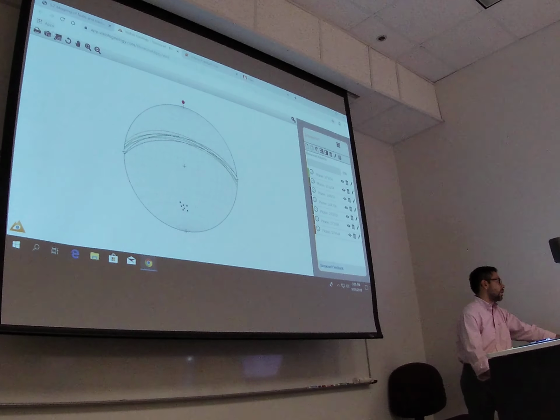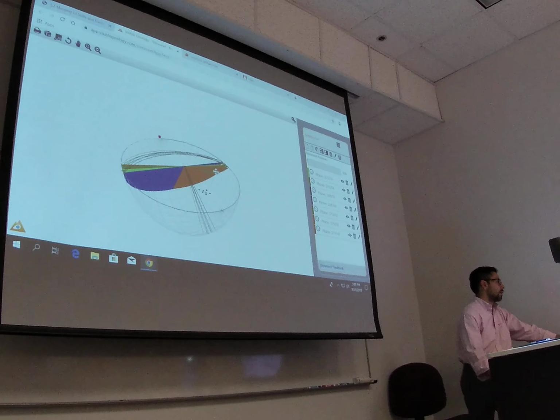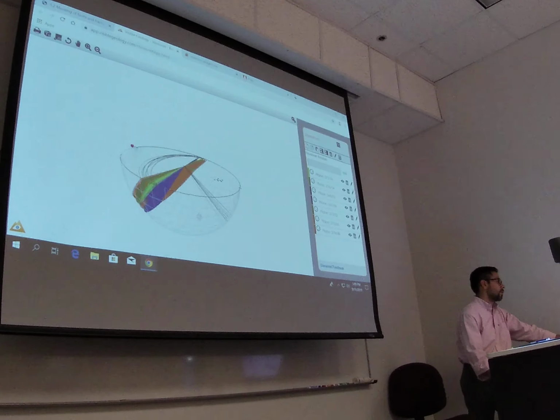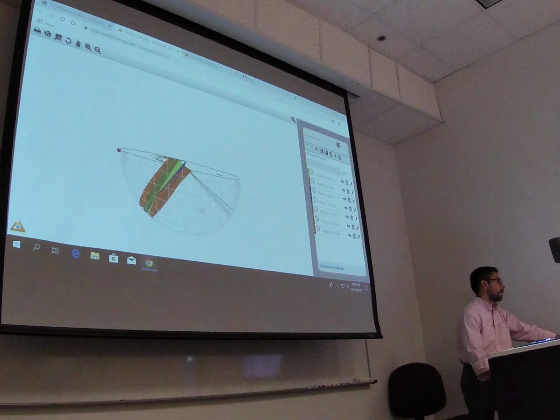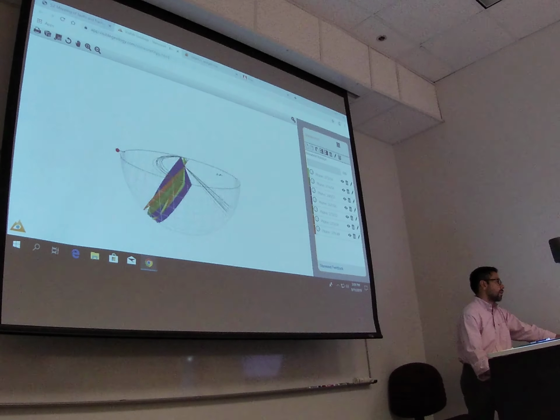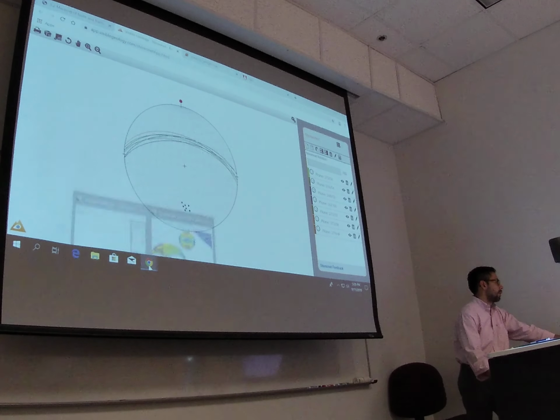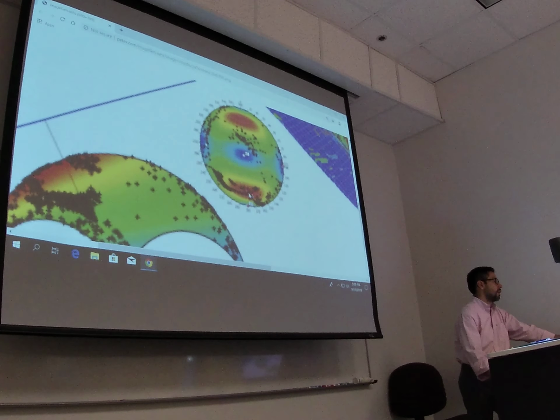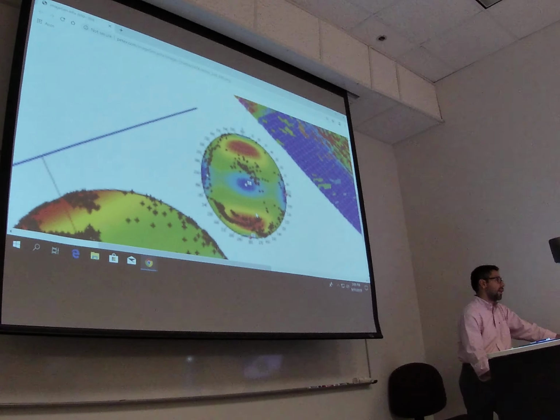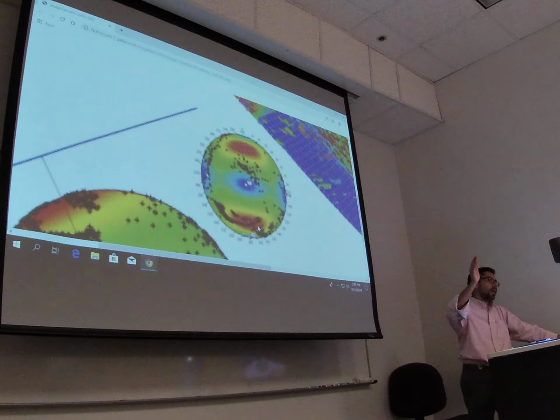The strike is going to be east-west, this is the north, and the dip is relatively steep, in this case about 60 degrees. When you look from the top, this is what you see, and when you look at this, this is what you see over here.